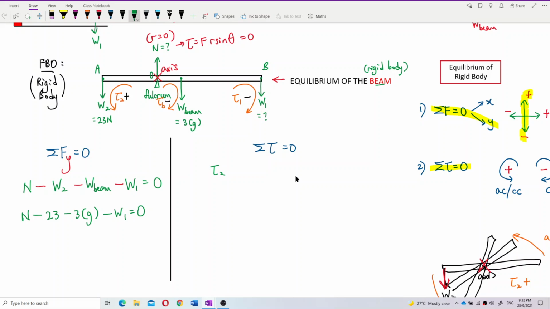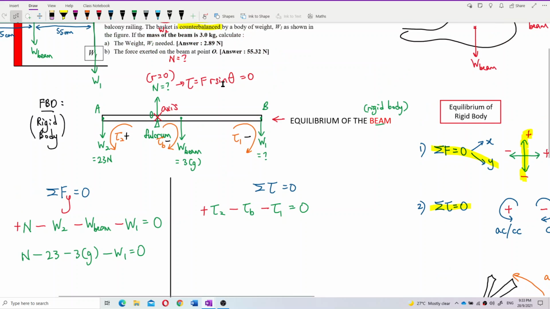Torque 2 is a positive torque, because it's anti-clockwise, but the rest, torque beam and the torque 1, they are negative torque because they are clockwise torque. Negative. Okay, so we have negative torque beam, we have negative torque 1. Okay, equal to 0.